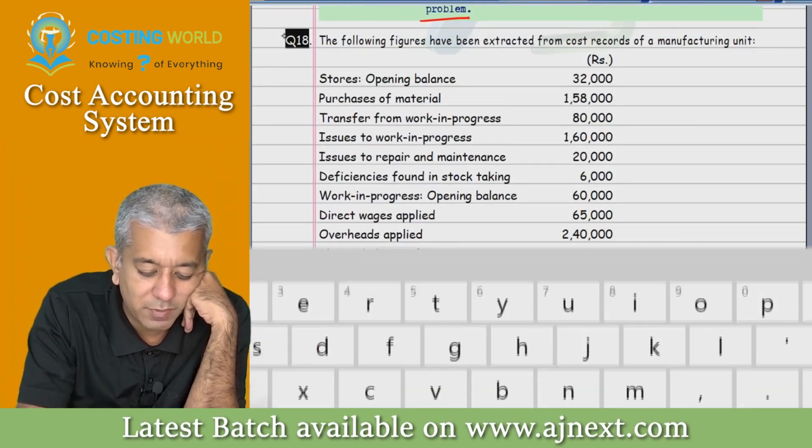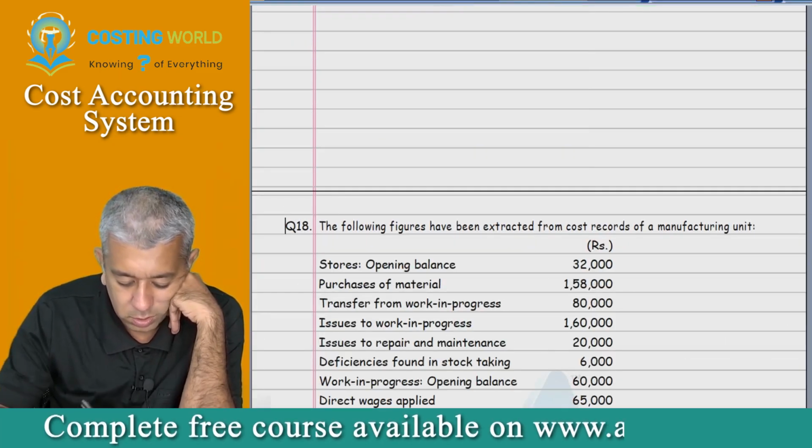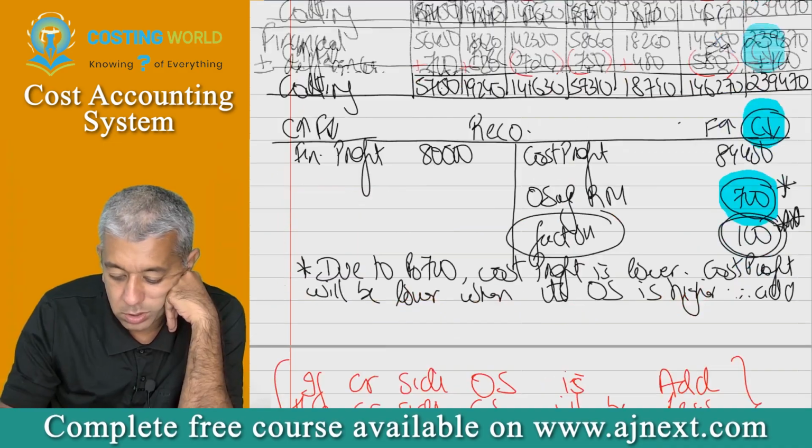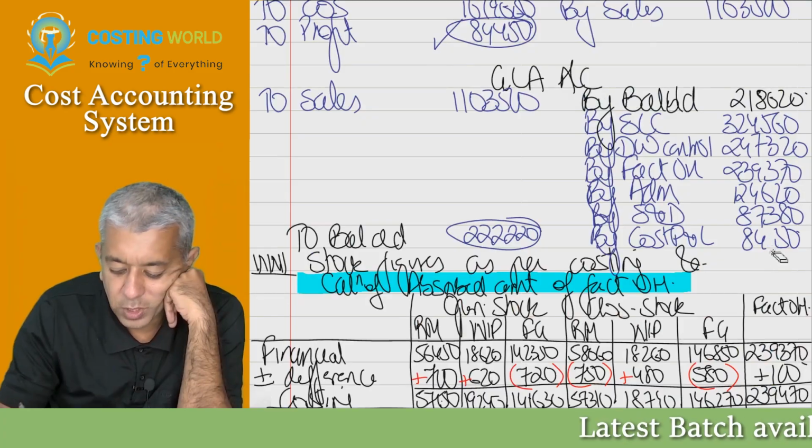Okay, that's it. Now, this is question number 17, that is all over. Can you show the GLA account? Yes, GLA account. This is 84,450, no?